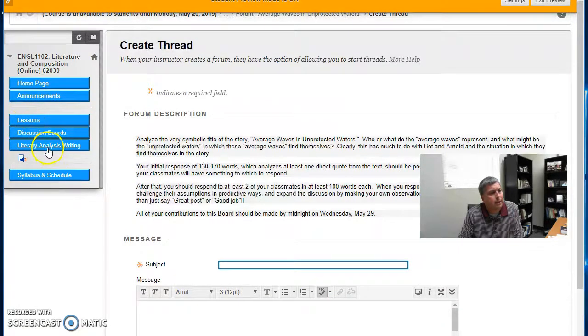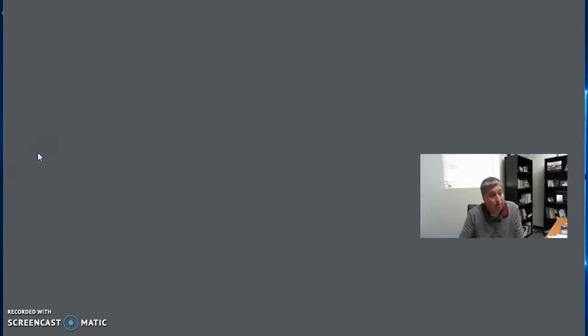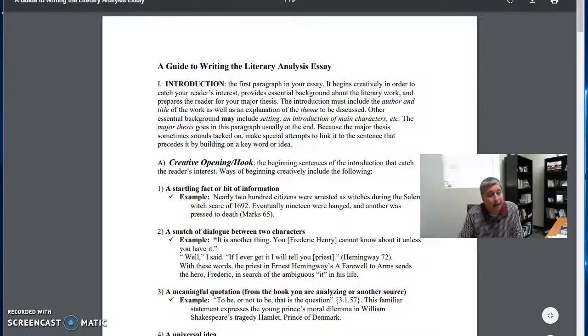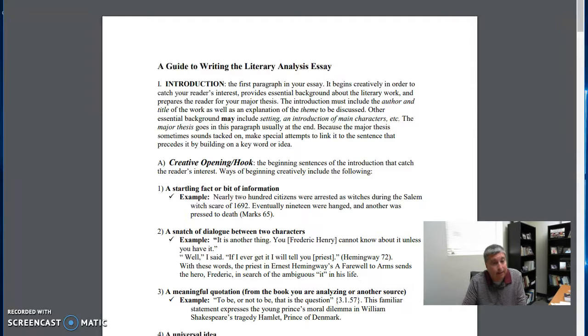And so the link here, literary analysis writing, is very important. Hopefully you read this and pay attention to it. This is about how you analyze literature in an essay, how you incorporate a quote into your analysis, how you analyze the keywords of the poem, of the quote. You look for your symbols, your archetypes, your metaphors, all those things that we talk about in an English class.